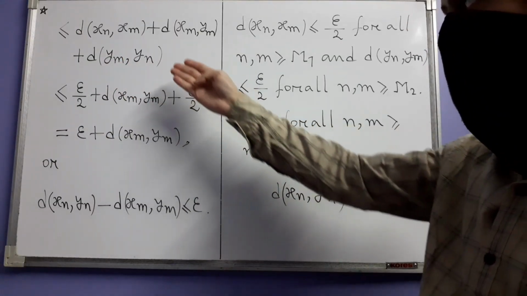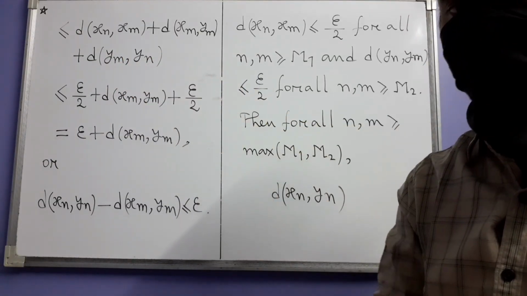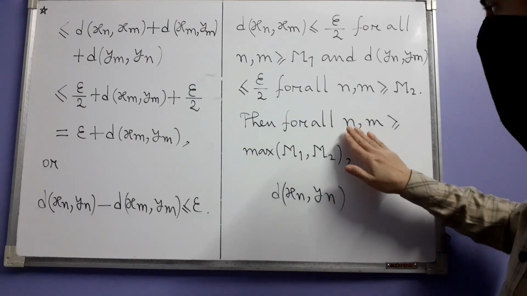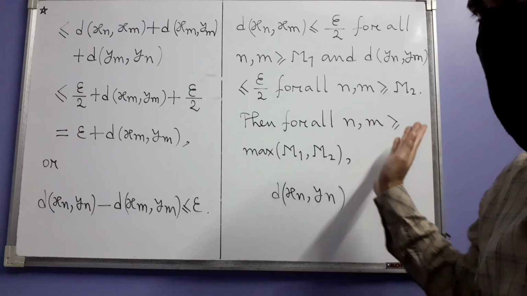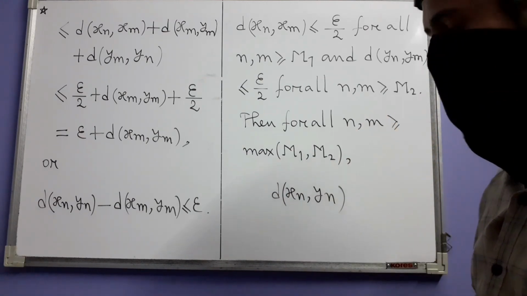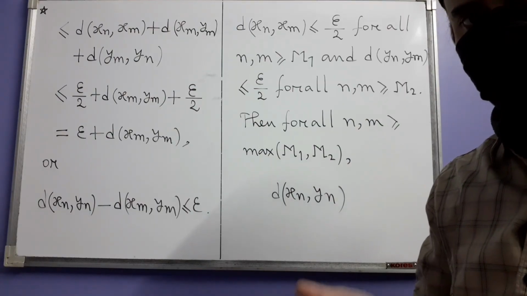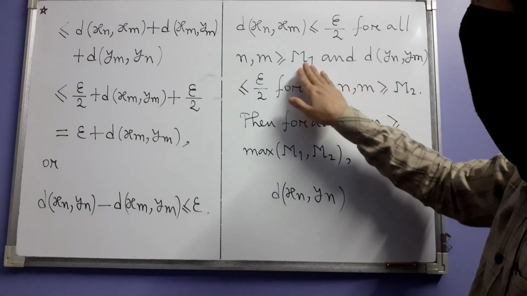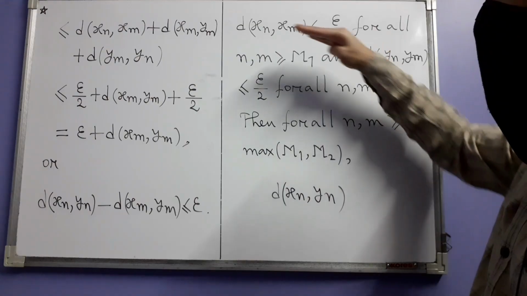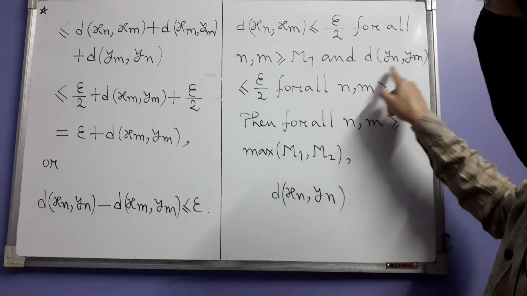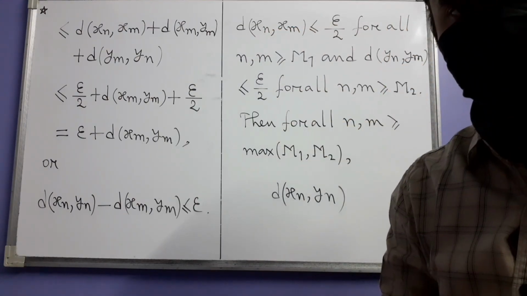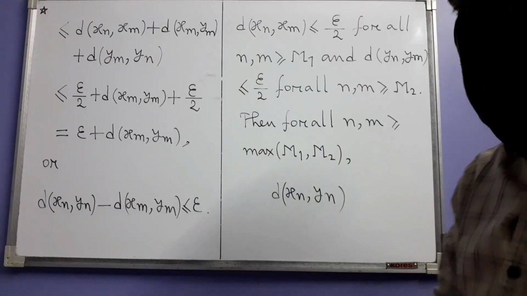So actually we have applied the triangle inequality 2 times here. Now because n and m are both greater than or equal to this max value, they both are greater than or equal to m1 as well as m2. So this inequality as well as this one are with us.